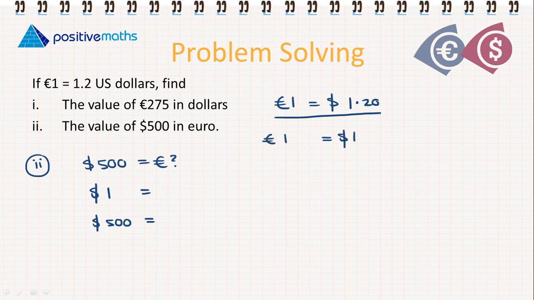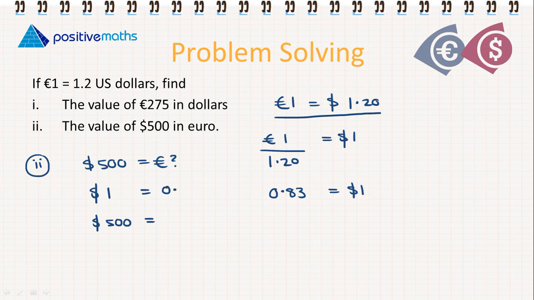That means we need to divide our 1 euro by 1.20. Really what we've done here is divide both sides by 1.20. So we find $1 on the right and 1 divided by 1.20 on the left. So we will get 0.83 is equal to $1. I rounded that to 2 decimal places.